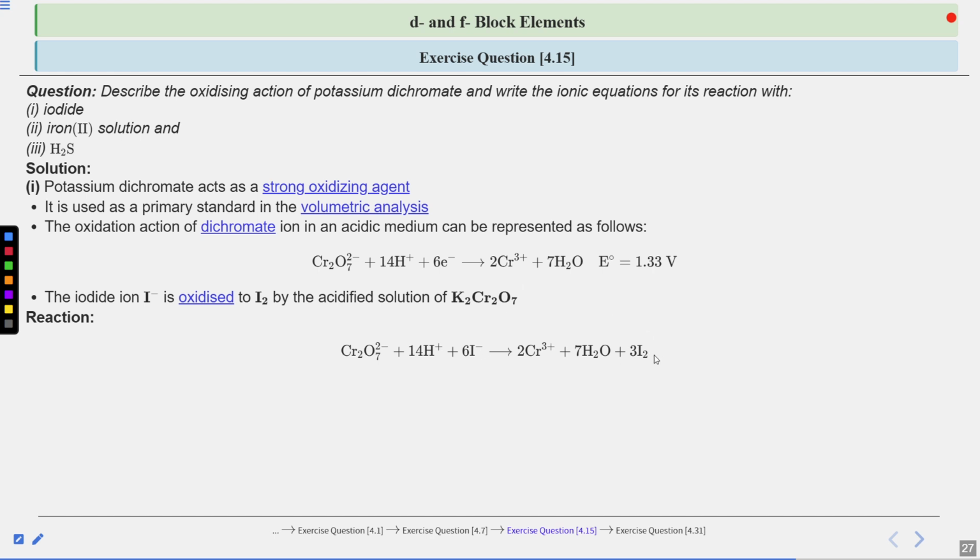So iodide is oxidized to iodine. These are the processes showing the oxidizing action of the dichromate ion, first in the acidic medium, and then by the oxidation of I- to the iodine molecule.